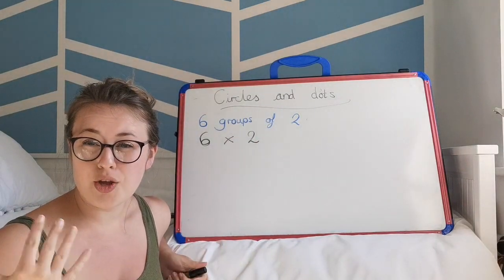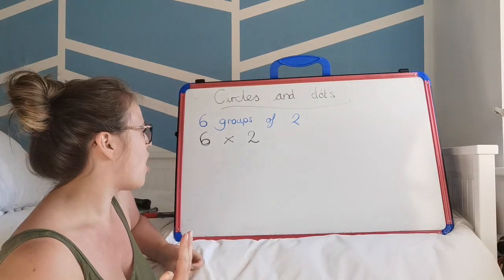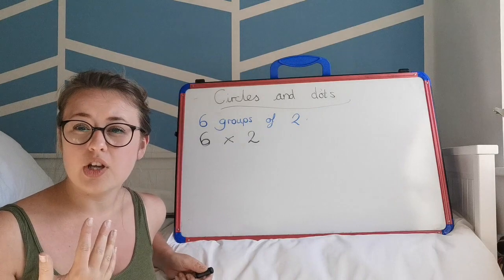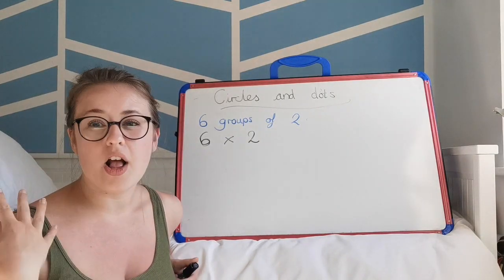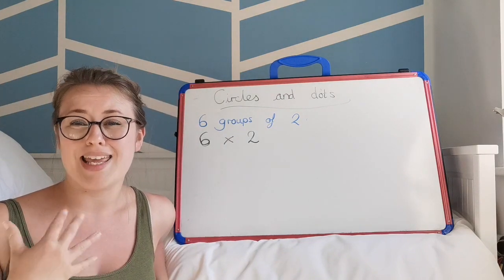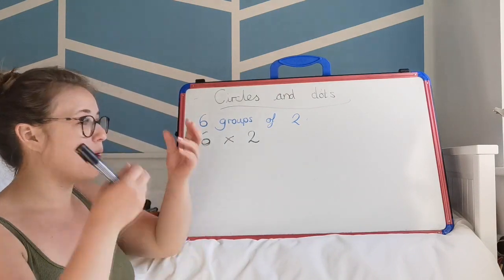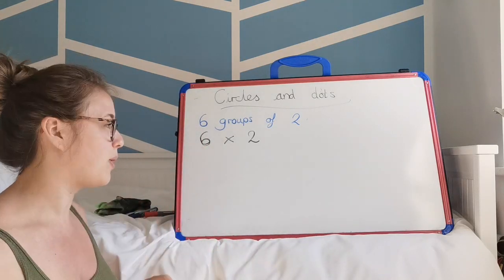I would say in year 2, end of year 1, you would start looking at times. However, the language that is mainly used is groups of, just so it's really clear in their heads, and they'll be able to picture things. So when they read a number sentence like this, they'll be able to picture it really quickly.